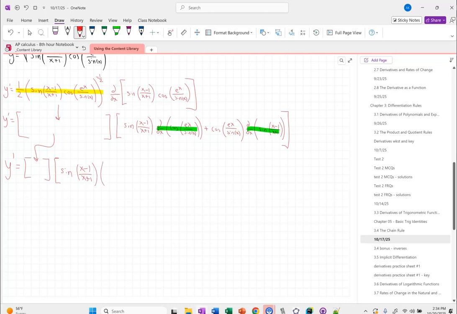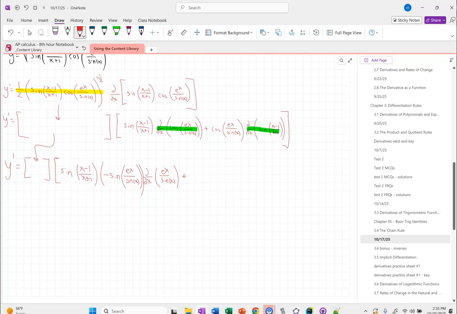So that's going to be negative sine of e to the x over sine x, times the derivative of e to the x over sine x. It's less confusing, I feel like.